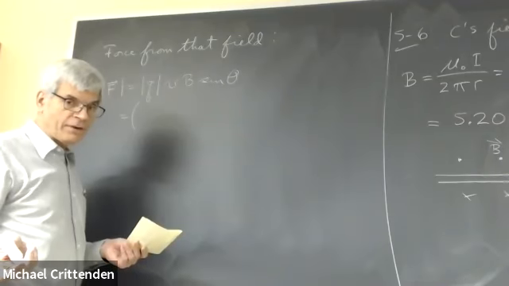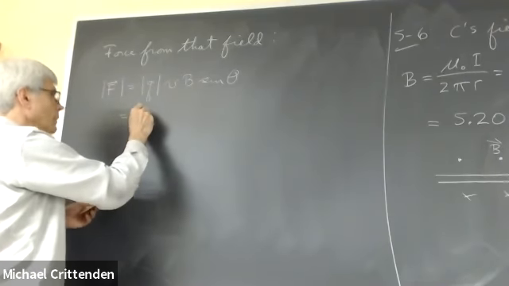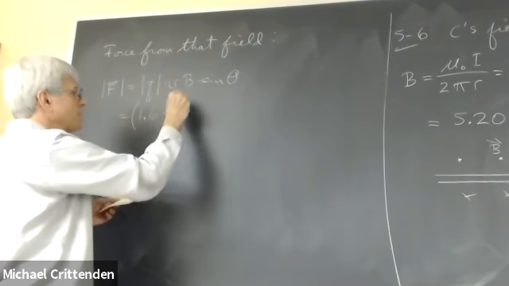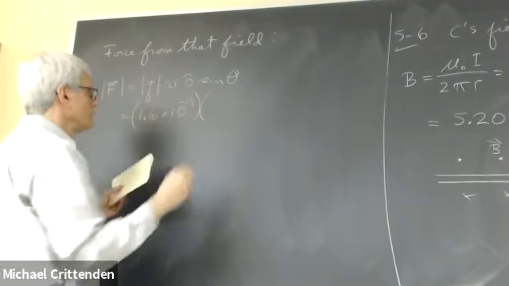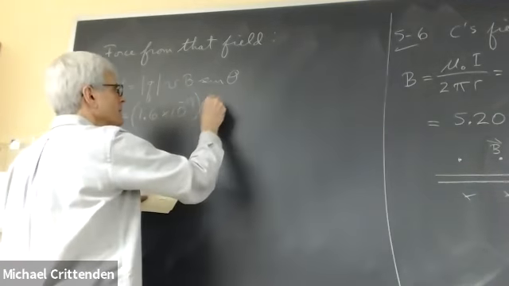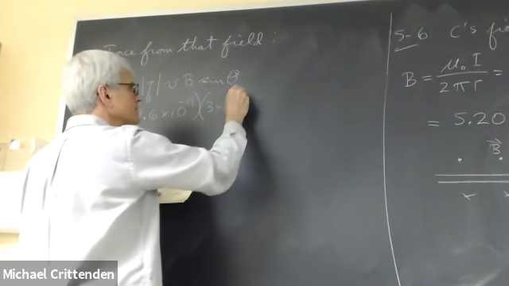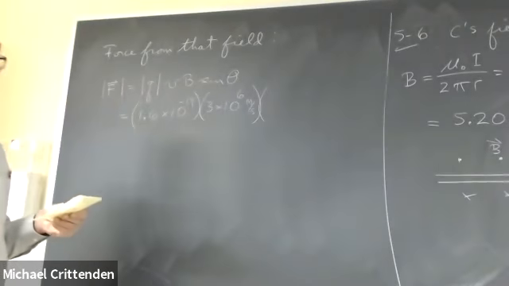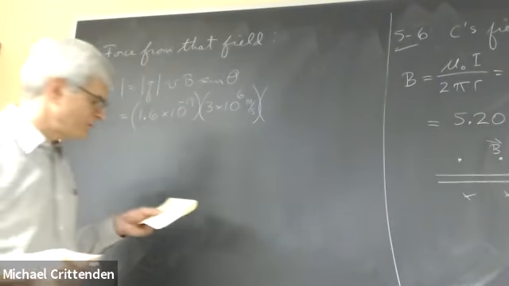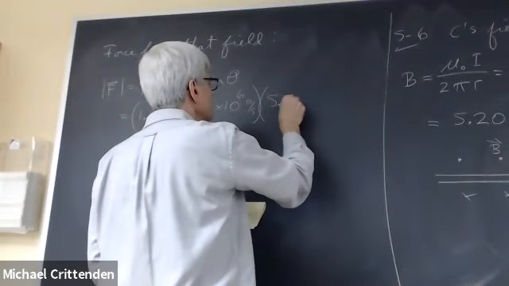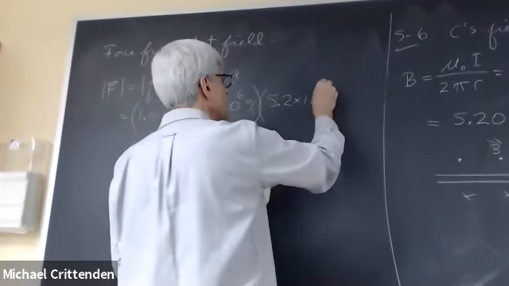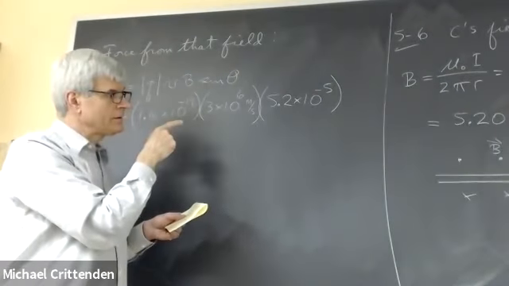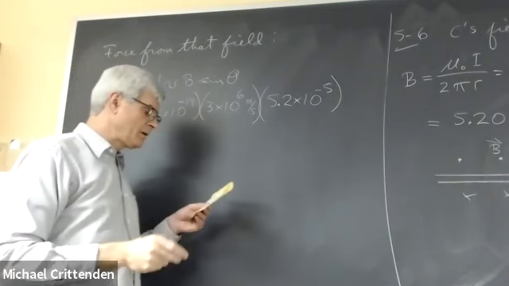Charge of an electron is something you can look up in your formula sheet: just slightly over 1.6 times 10 to the negative 19 coulombs. That's the speed for the electron given in the question. That's the strength of the magnetic field in Teslas that I calculated a couple of minutes ago.